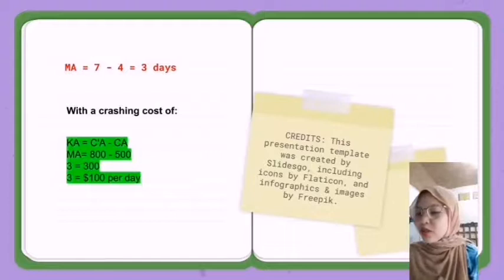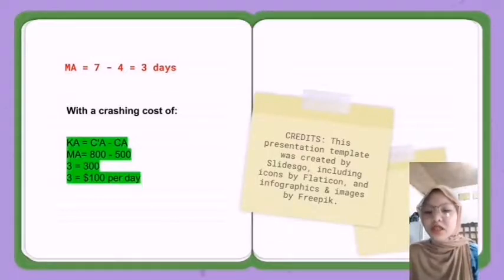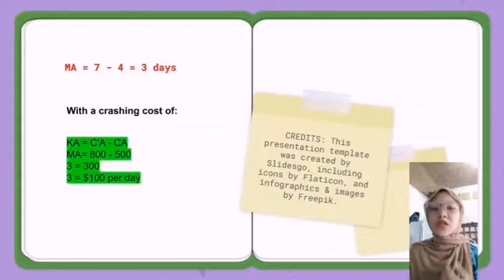Next, if the normal expected time for activity A is 7 days at a cost of CA equal to $500, and the time under maximum crashing is 4 days, at which C apostrophe A will cost $800, then MA equals 7 days minus 4 days, which is equal to 3 days.